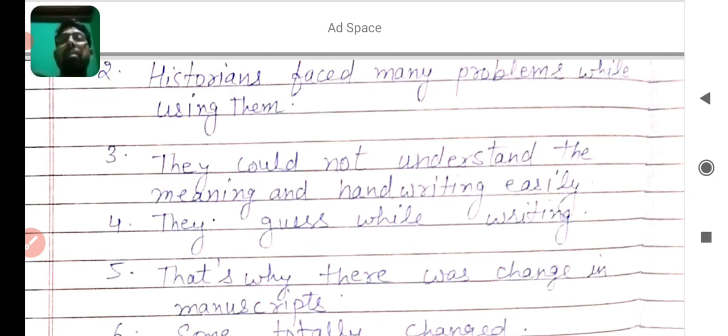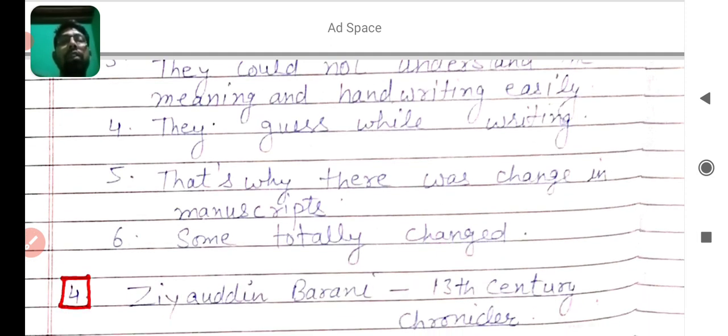Some manuscripts were totally changed because one person changed it, then another changed it, then another, and after some time it was totally changed. I hope you got this point easily.